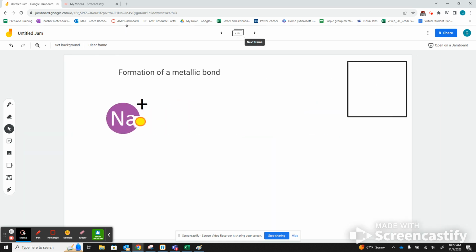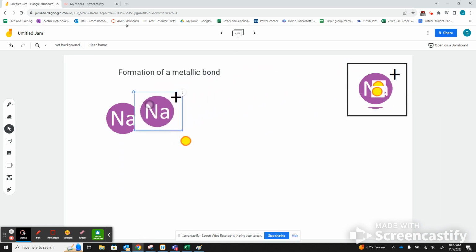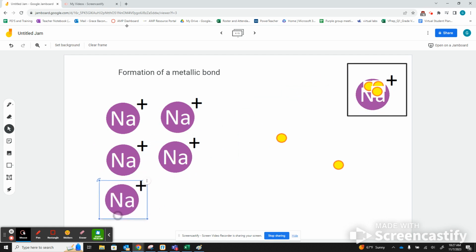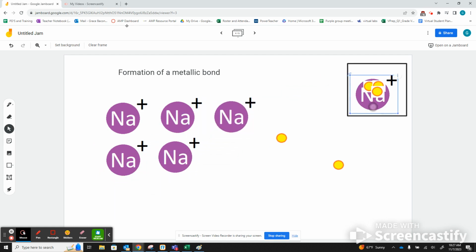So instead, what happens when we have a bunch of sodium atoms is that their nuclei and their inner shells will all kind of come together, and they each have one valence electron. So let me pull these over.